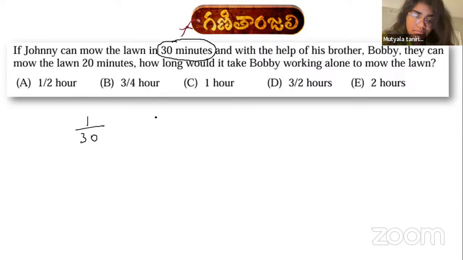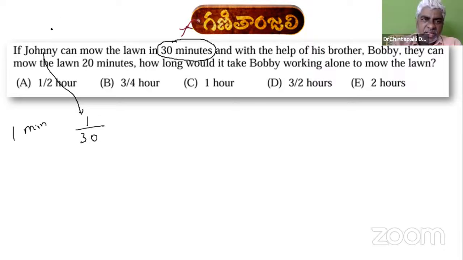In 1 minute, he completes 1/30 part of that work. This part of the work is completed by Johnny in 1 minute. With the help of his brother Bobby, they can mow the lawn in 20 minutes.